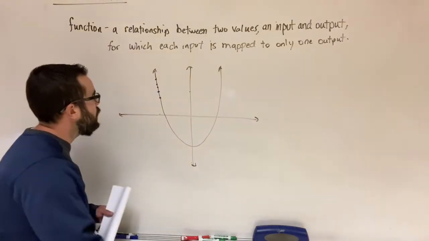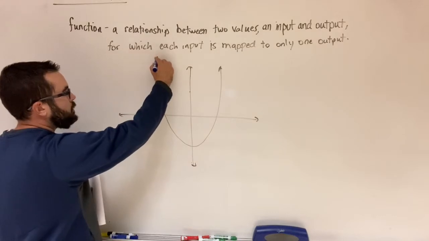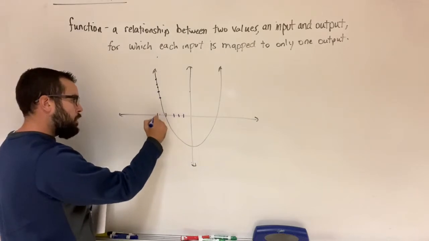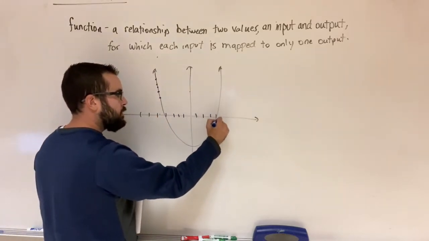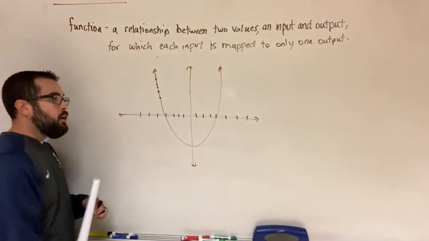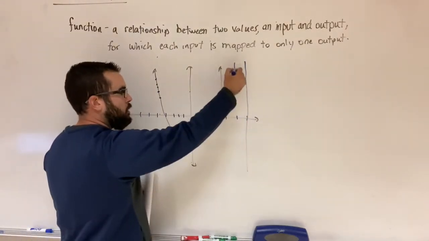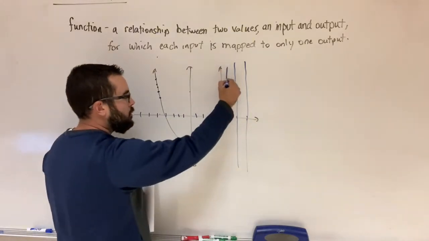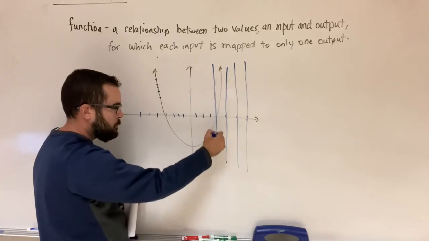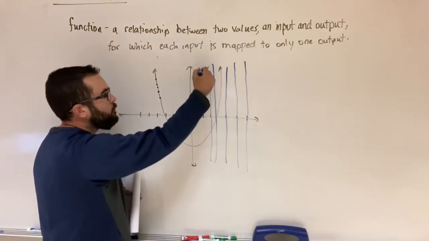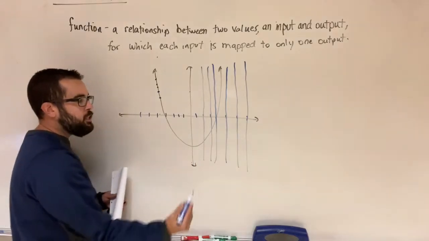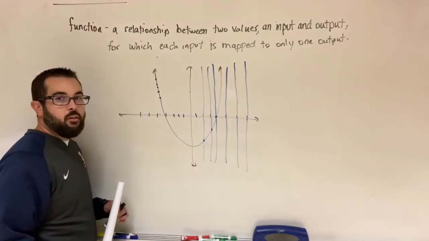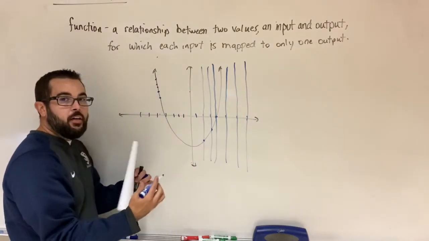So what we do is we can have the vertical line test. The vertical lines stand for every x value. Like if I was to put x marks along the x-axis, okay, all of these vertical lines stand for these x values. So if I make infinitely many vertical lines, the vertical line test says if each vertical line only passes through the function once, or the graph once, we call that a function.